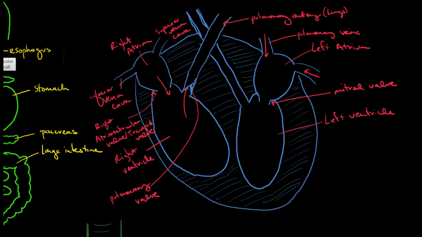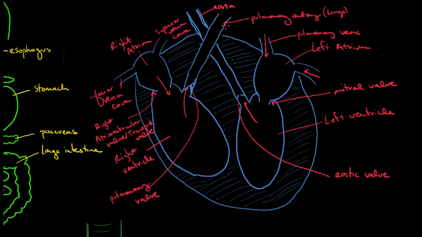And then, again, when the left ventricle pumps, the blood travels up here through the aorta and past the aortic valve.